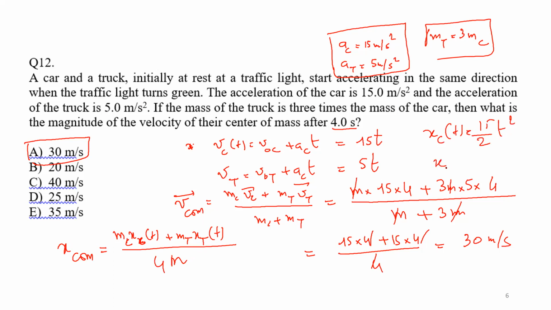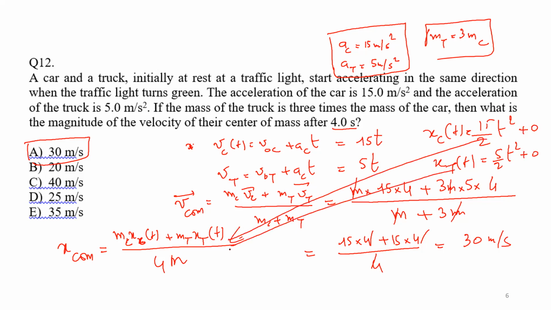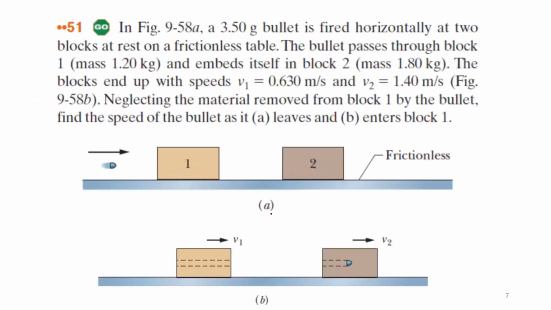And X truck at any time will be 5 divided by 2 t squared, because both of them start from the origin, plus 0, of course. So it's just this, and you plug it here, and you will get the position of the center of mass at any time. Clear? Okay. Now let's go to this problem here, which is also a simple problem, but interesting.